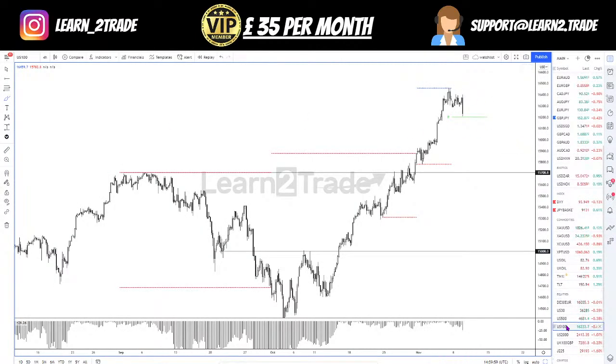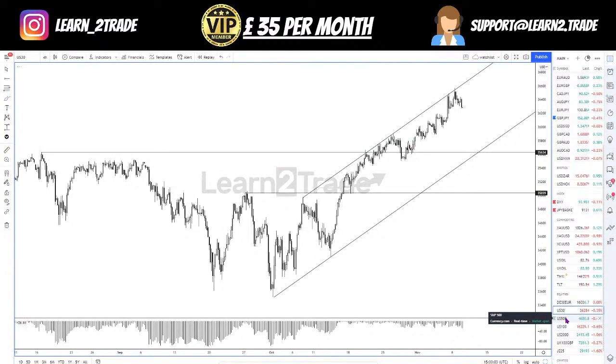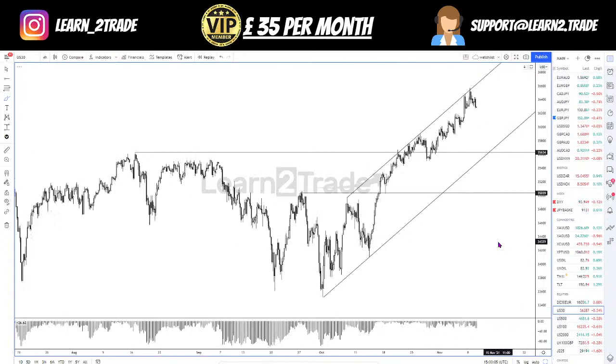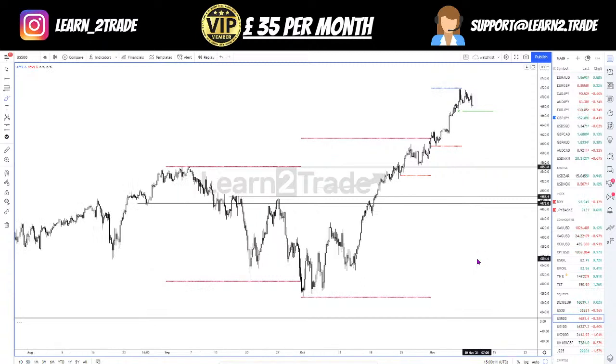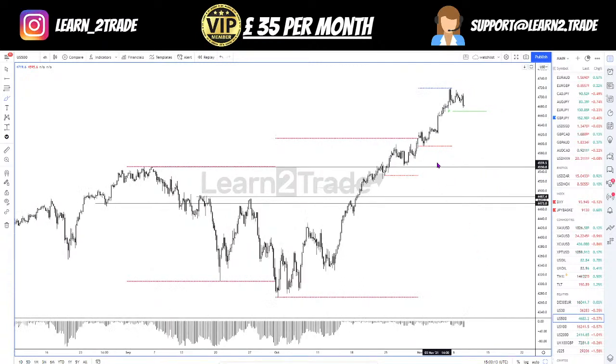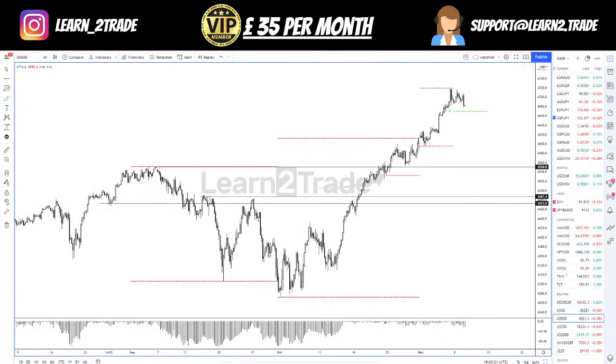But I really like this. Let's have a look at the Dow and the S&P 500. I don't think the S&P 500 is going to drop to the 45, 60 level. And if it does, I wouldn't be a buyer here, because that's too much.